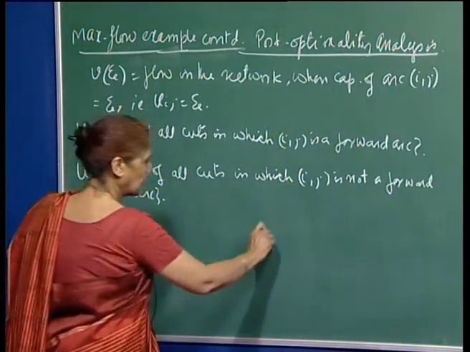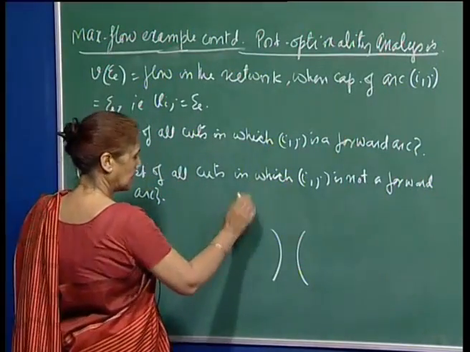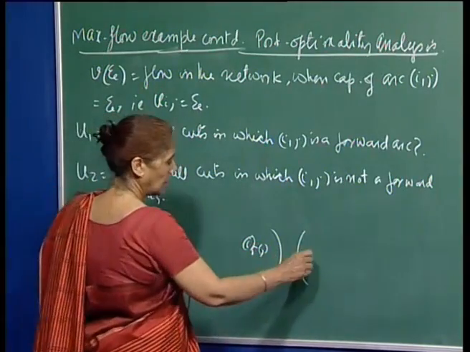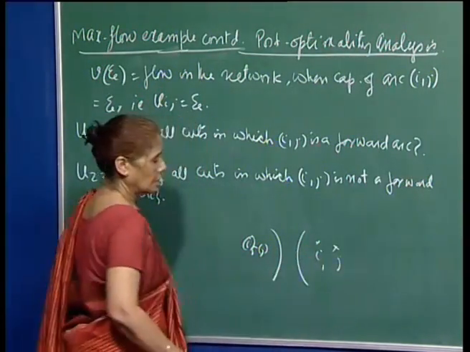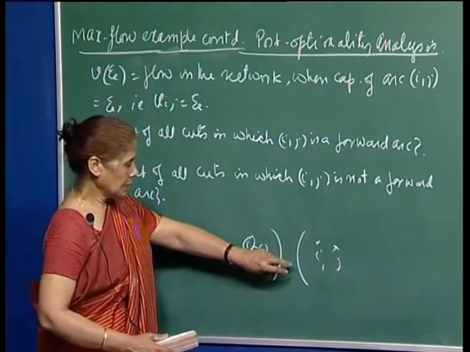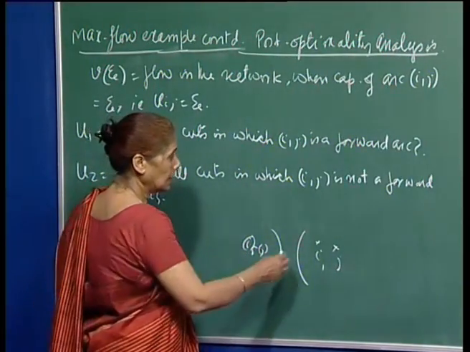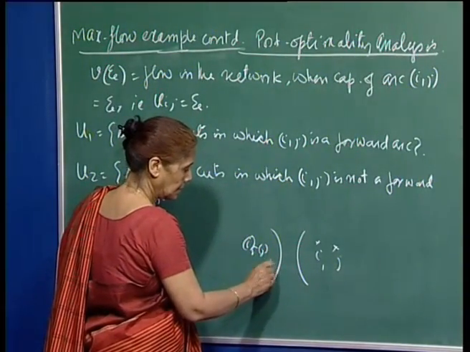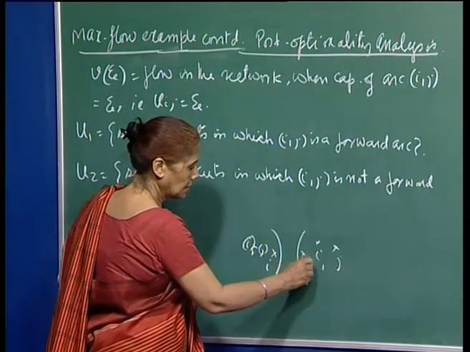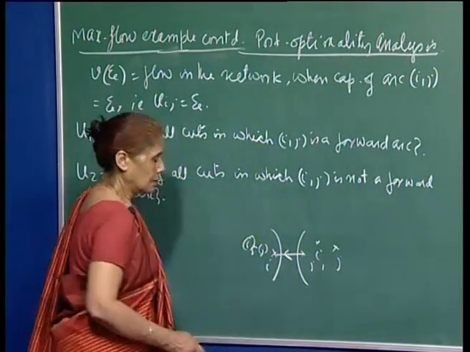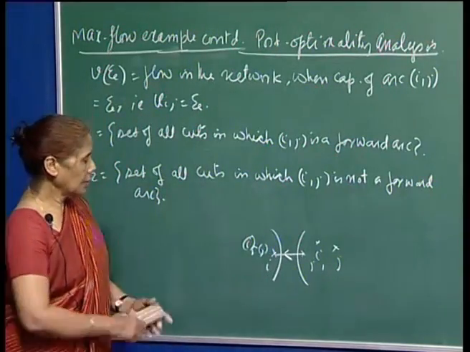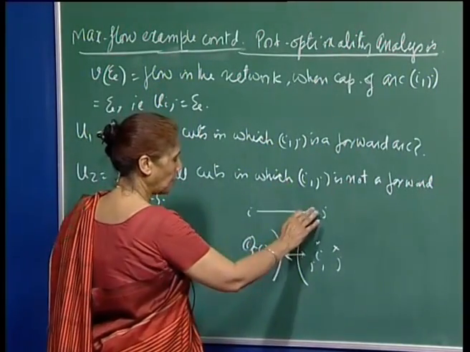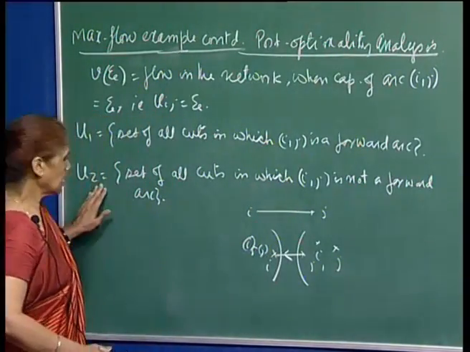That means, if you have a cut here, either i and j both are in the same set, or j is in the first set and i in the second, so it is not occurring as a forward arc. So, this covers 3 cases, and the forward case was only that i is here and j is here. So, then it is a forward arc. If it is not a forward arc, then we are looking at this thing, right.